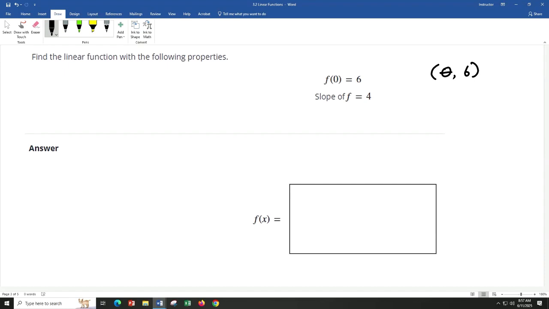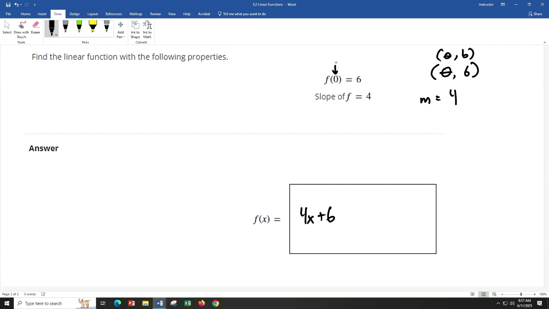What's my slope? Well, isn't 0 comma b, isn't that a what? Isn't that your y-intercept? So couldn't you write this as f of x is equal to what? Yeah. That's it.